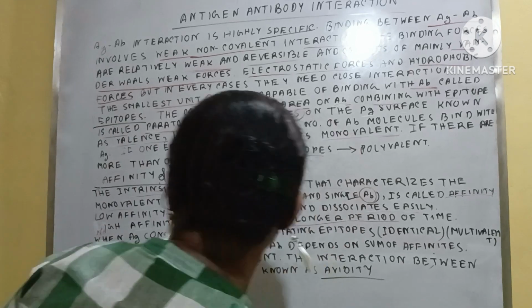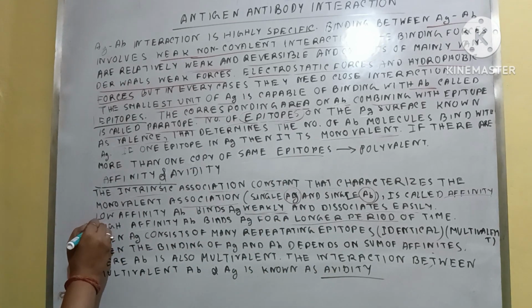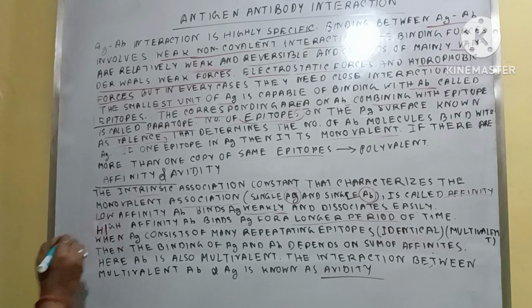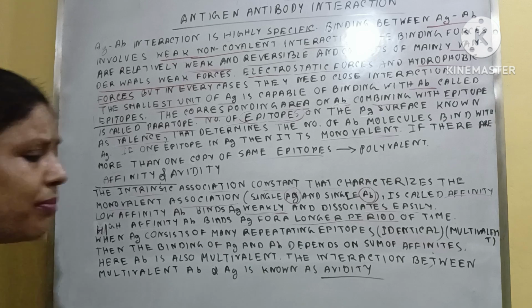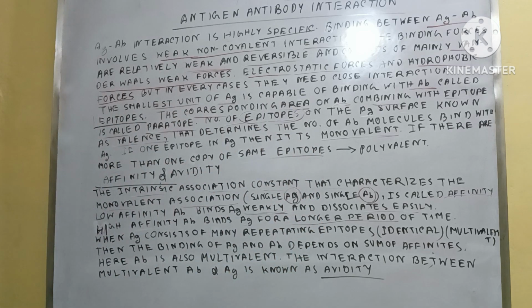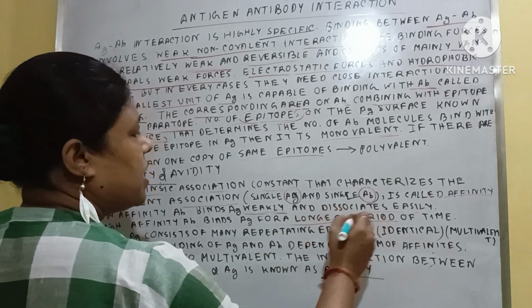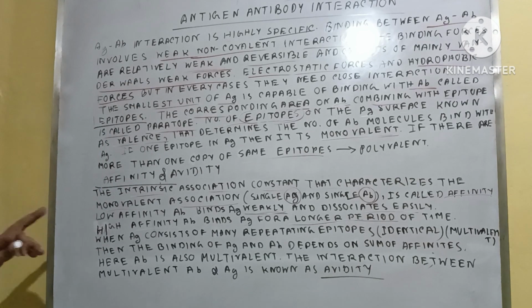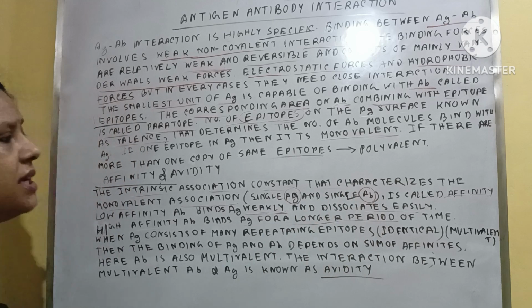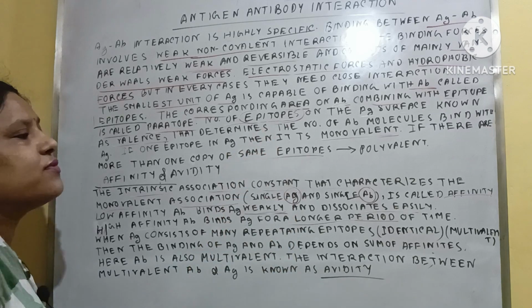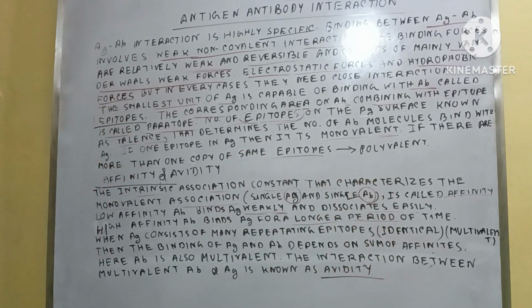The high affinity between Ag and Ab means the binding of Ag and Ab remains for a longer period of time. But when the affinity becomes very low between a single antigen and antibody, then the binding easily dissociates, or the Ag easily dissociates from the Ab. That's for the weak binding.